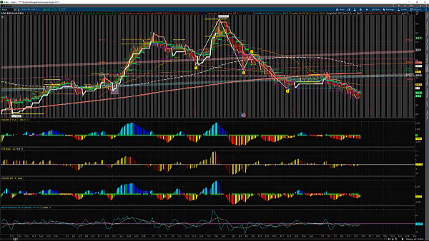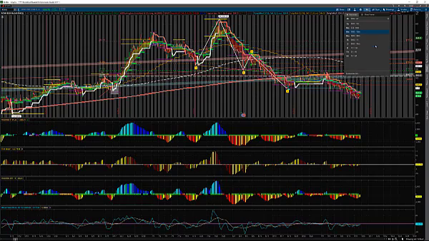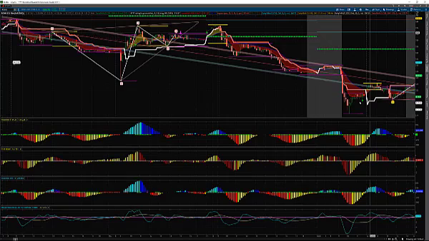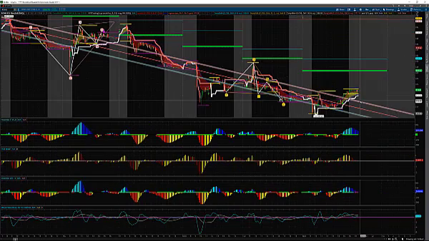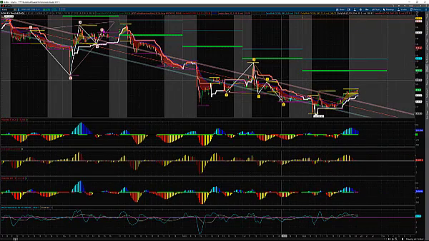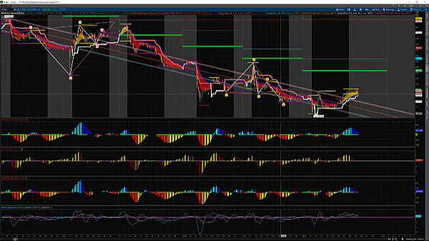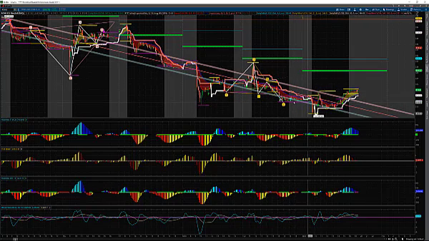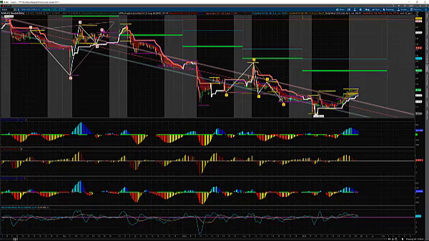I see one on, no, I see one on the 10-minute now. Okay, so that's the best I got here. And it's kind of a broken wolf wave. Not the best, but to me, it looks like it reached bottom.